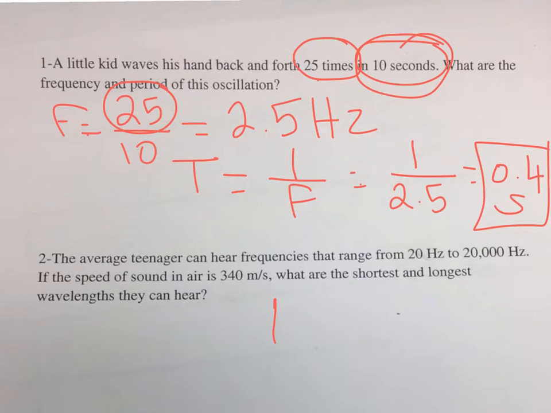And this question allows you to use another formula that we've learned. Ali? It says the average teenager can hear frequencies that range between 20 and 20,000 hertz. If the speed of sound in air is 340 meters per second, what are the shortest as well as the longest wavelengths? So, Ali, can you give me the formula for speed?